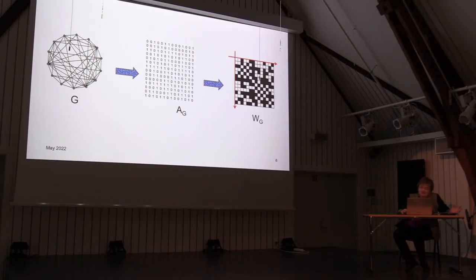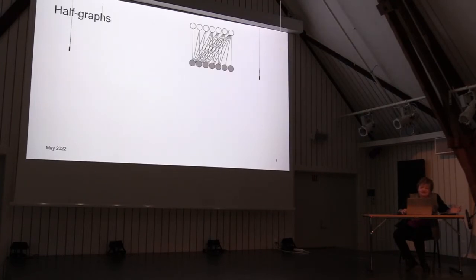Just to show you some examples, here is the so-called half graph, which is a bipartite graph, and half the points are above and half below, and every edge is leaning or vertical. So vertical or leaning to the right.